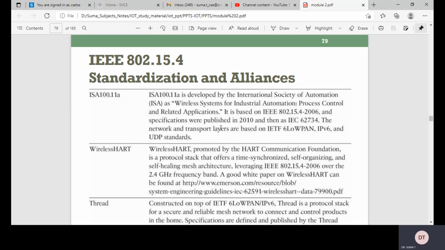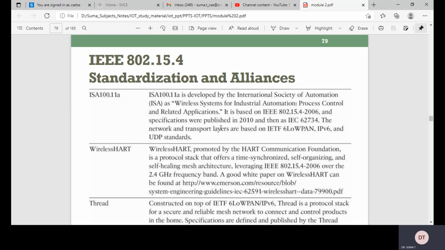It is based on the IEEE standard, developed in 2006, with specifications published in 2010 and then as IEC 62734. The network and transport layers are based on IETF and UDP standards.